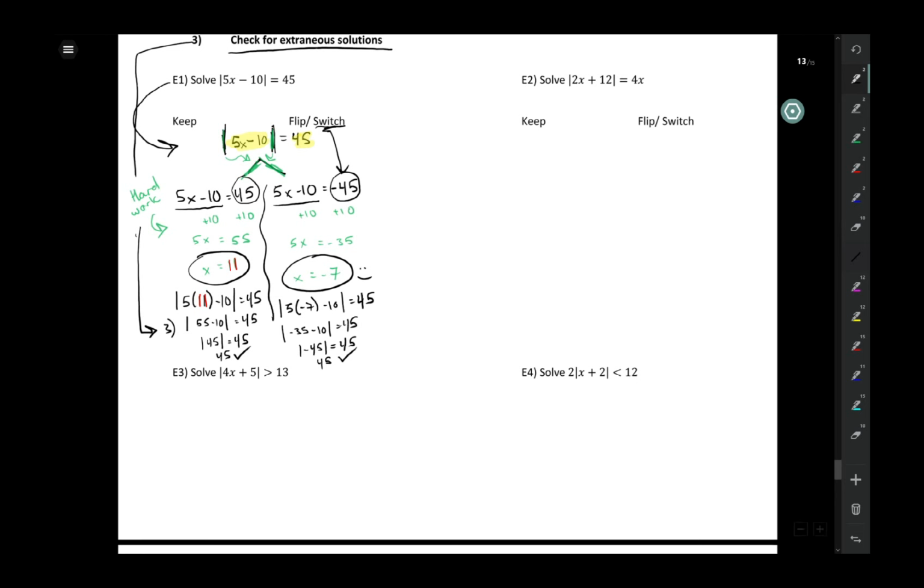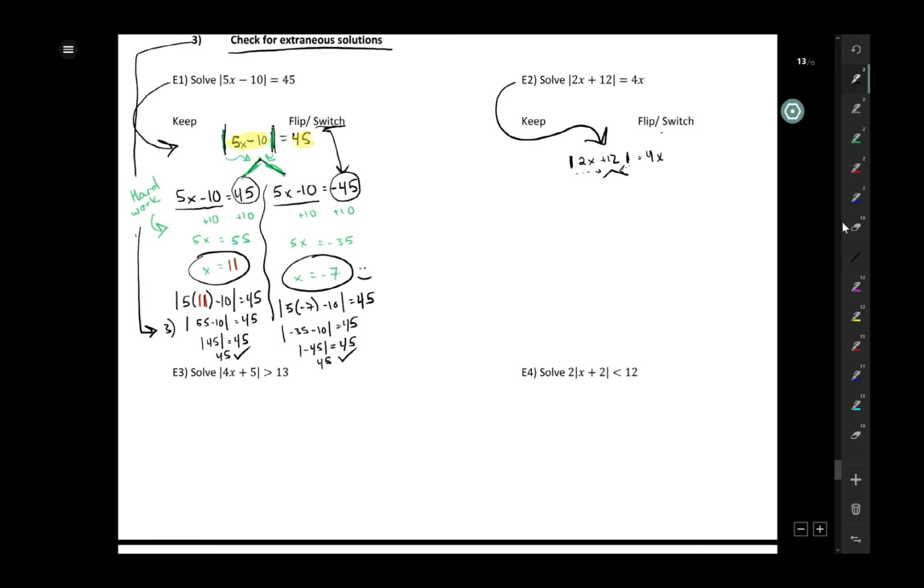Solving this one here, again, I'll leave it to you guys, but you need to remember, when you have absolute values, you need to split into two problems. Take them and split it into two. Now you have 4x over here.